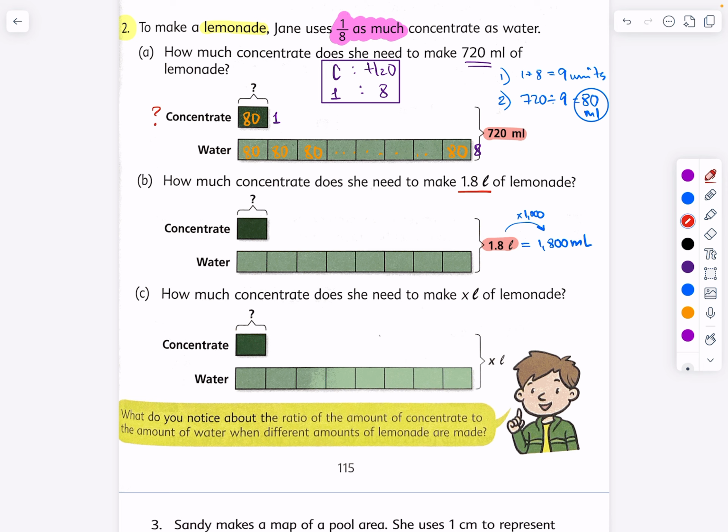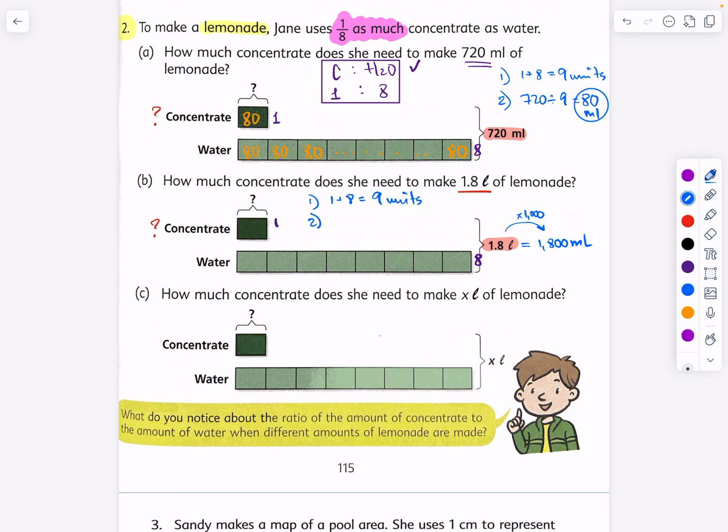So again, our question is, how much concentrate? Notice what is given, our original ratio, 1 to 8, did not change. The recipe stays the same. Now, we have 9 equal parts, right? So step 1, 1 plus 8 gives you 9 units total.